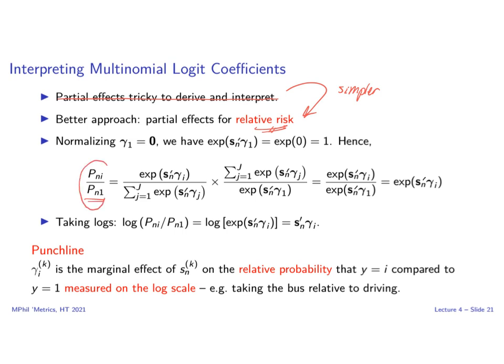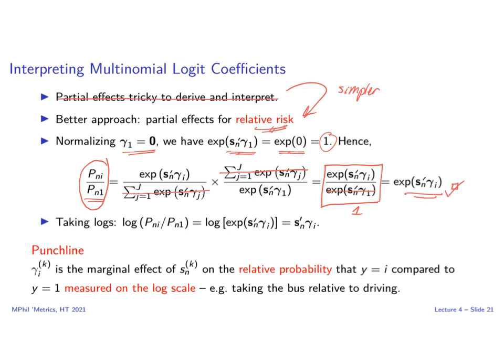Normalizing gamma 1 equal to 0, we obtain e to the Sn prime gamma 1 equals e to the 0 equals 1. Hence, the ratio of the choice probability for alternative i to that of alternative 1 takes the following expression. And notice that these two sums from j equals 1 to capital J cancel out. This leaves us with the ratio e to the Sn prime gamma i divided by e to the Sn prime gamma 1. But with our normalization, the denominator is simply 1, so we obtain e to the Sn prime gamma i.